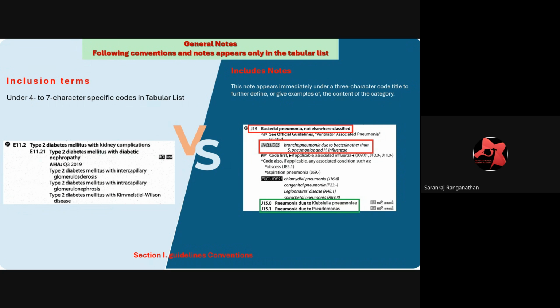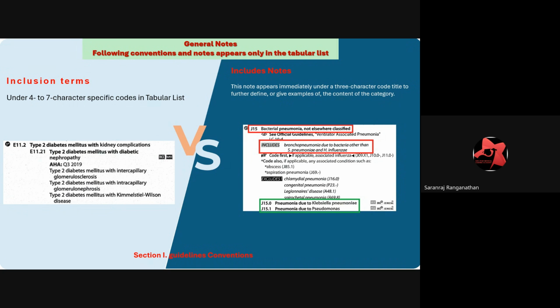Here is a good example I provided. Type 2 diabetes mellitus with diabetic nephropathy is the description for E11.21. For other conditions like glomerulonephrosis, intracapillary glomerulonephrosis, Kimmelstiel-Wilson disease, the code is the same. It seems to be four different conditions, but the code is one, which means those are included conditions, one and the same condition.